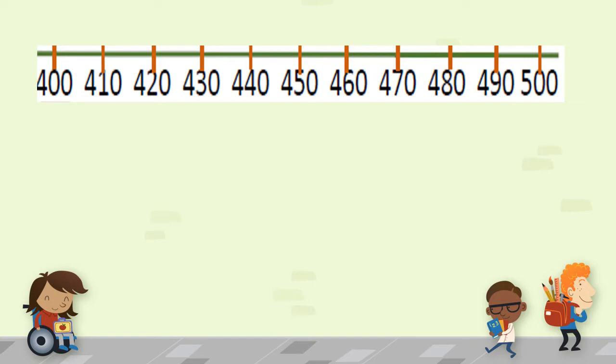So our 100 before is 400 and 100 after is 500, and he's asking us about 480. What are we going to do? We're going to put a square around the middle number, and we're going to put a circle around our number. Now, where is this number? Is it closer to the 100 after, or is it closer to the 100 before?